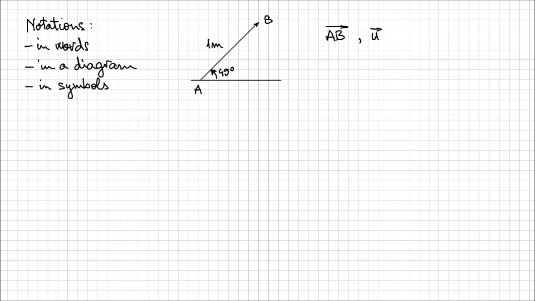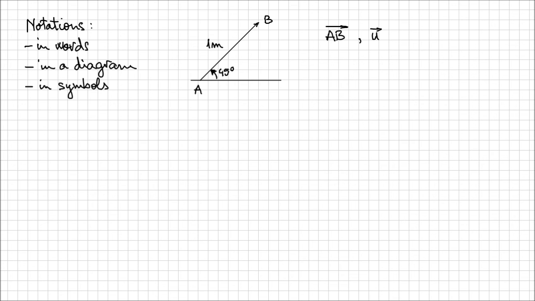A vector such as this AB, A represents the start point or the tail of the vector, while B is the end point or the head of the vector or the tip. I'd like you to pay attention to the order of these letters. So AB as a vector is not the same as BA.